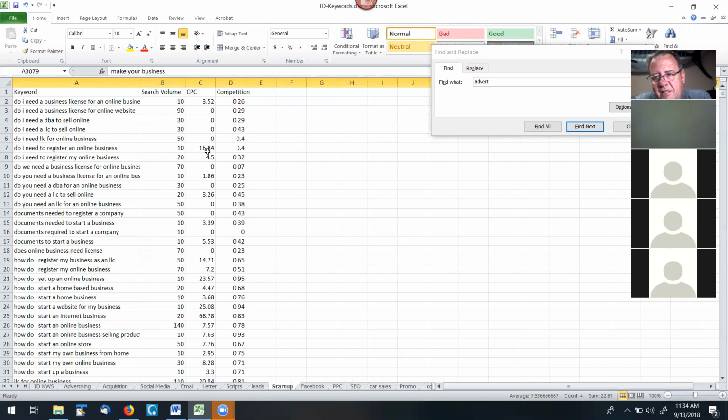So again, I would separate those out, and if competition was low and pay-per-click was high in SEO, that's a good thing. But here, I'm doing this for pay-per-click now, so it's almost reversed. I don't care how much the search volume is. Look at some of these that have 0 cost per click.